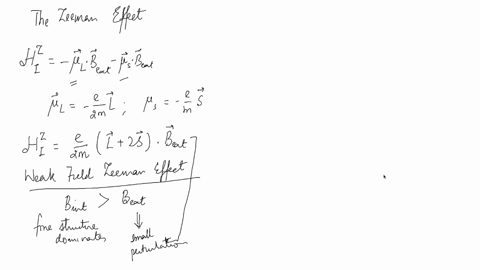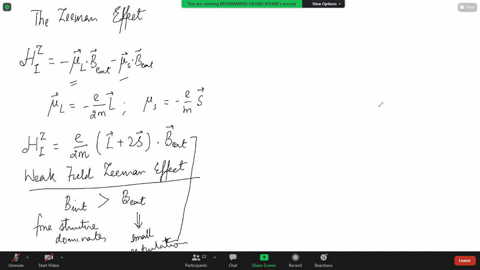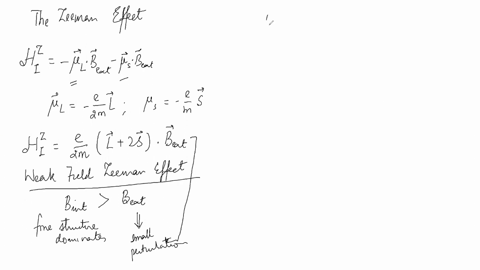That means the L dot S part is dominant, and since that part is dominant, in the presence of spin orbit coupling L dot S, L and S are not separately conserved. This we have seen yesterday.